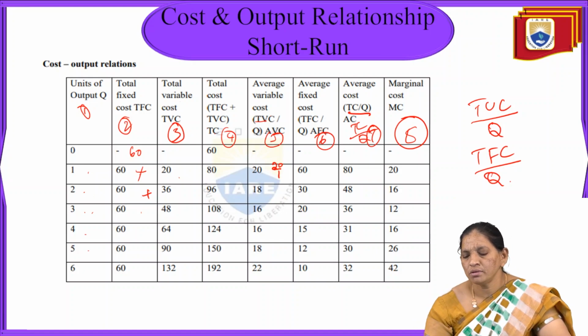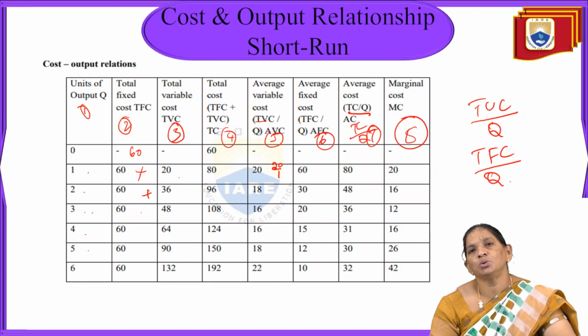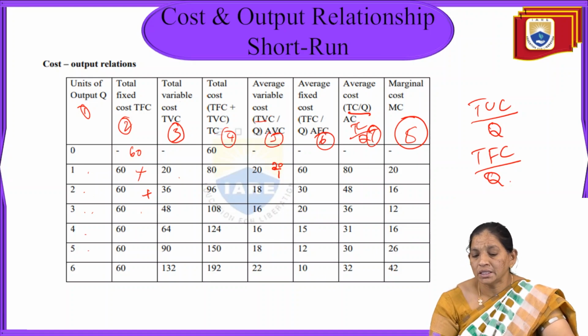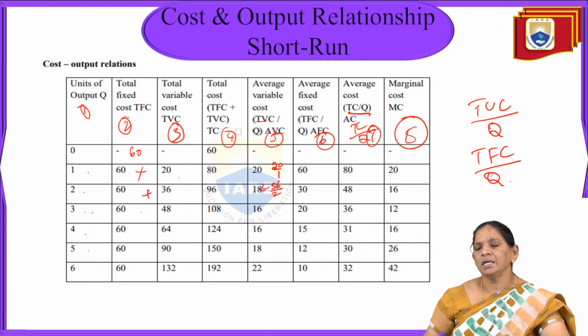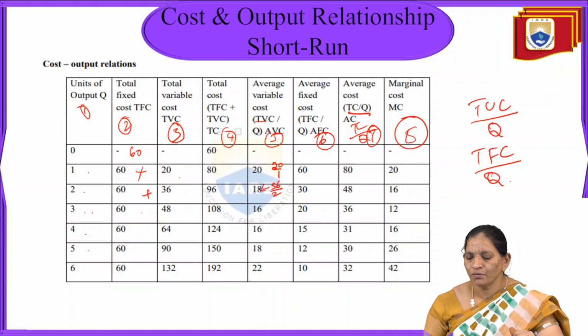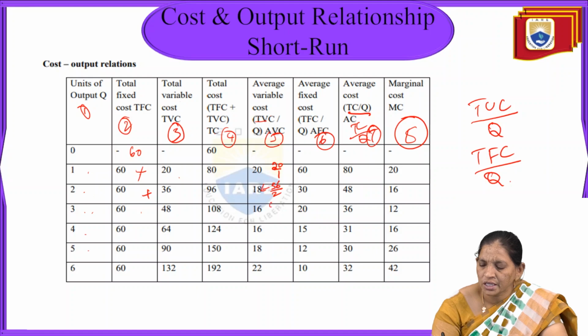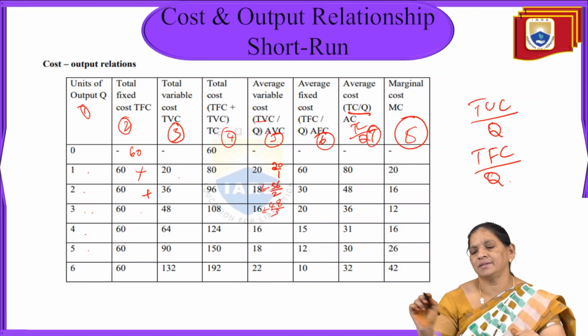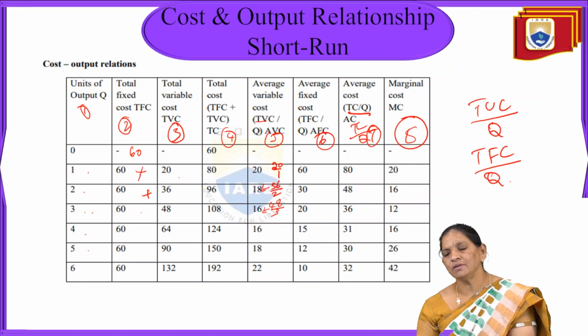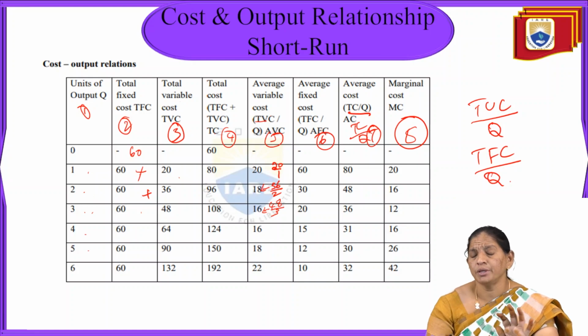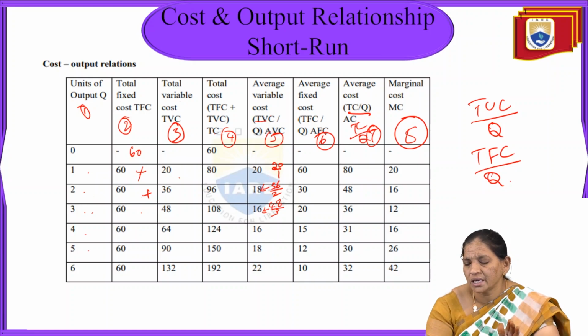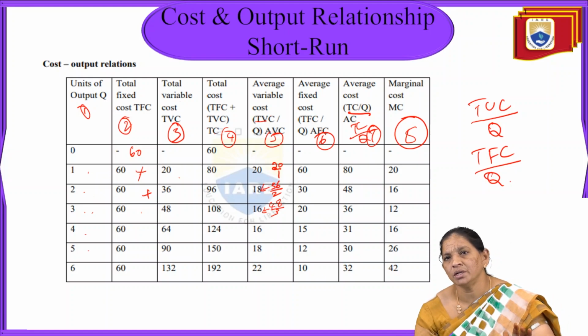And when 2 units are implemented, the total variable cost is 36, so 36 divided by 2, you get 18. Here 48 divided by 3, you get 16. Means when the total variable cost is divided by the number of units, we get the average variable cost.